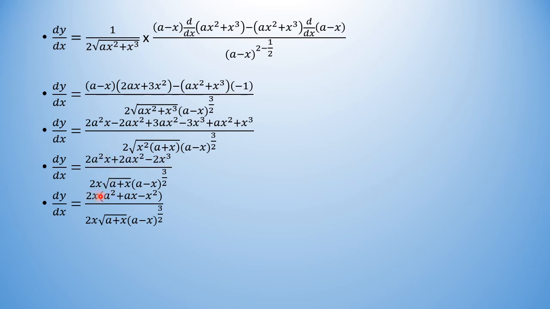So 2x is common. I am left with a square plus ax minus x square, and then this 2x got cancelled with the 2x in the denominator, and I am left with a square plus ax minus x square divided by square root of a plus x into (a minus x) to power 3 by 2, which is the required answer.